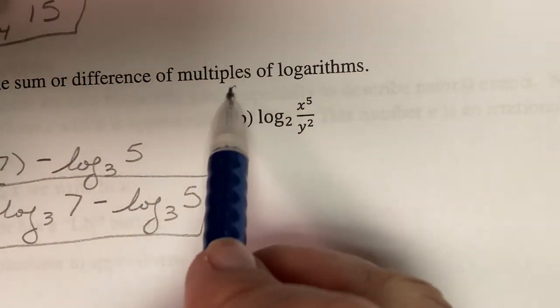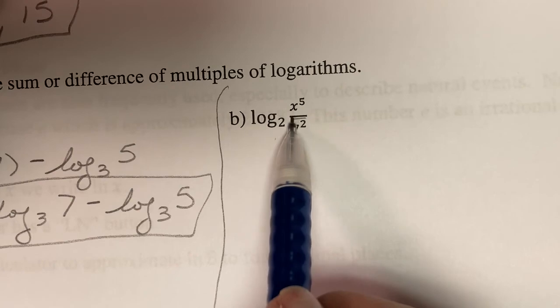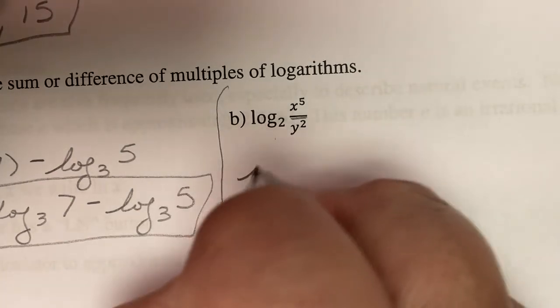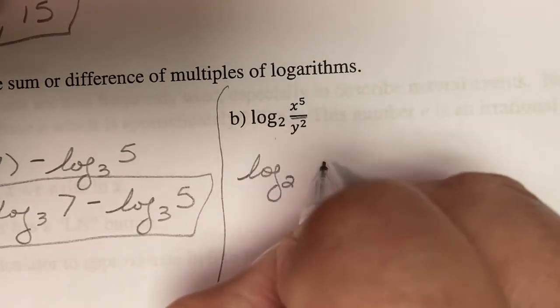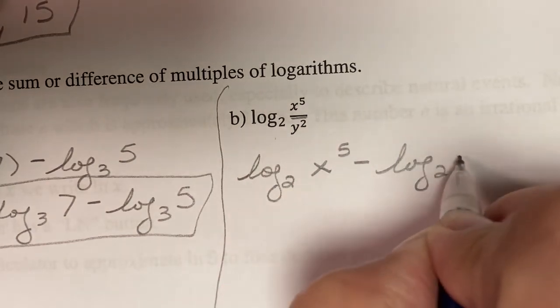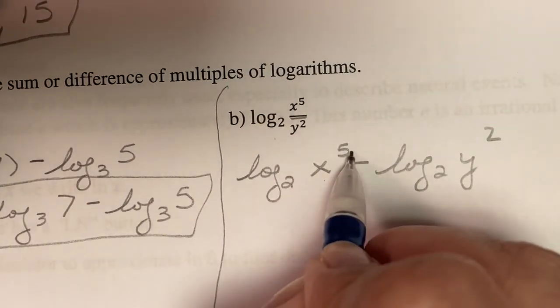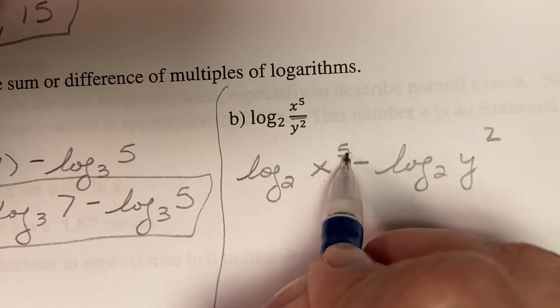Okay, let's finally do our last one here. So again, we have 2 things that are being divided, so we're going to start off by subtracting those individual logs. Now I have this x being raised to the power. What does the property say happens to a power?